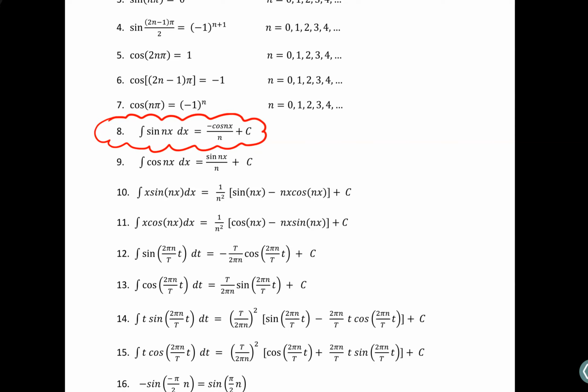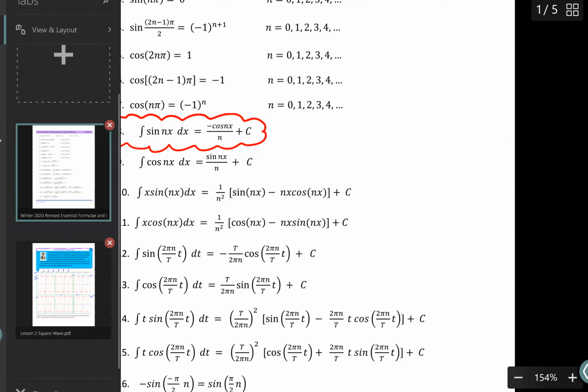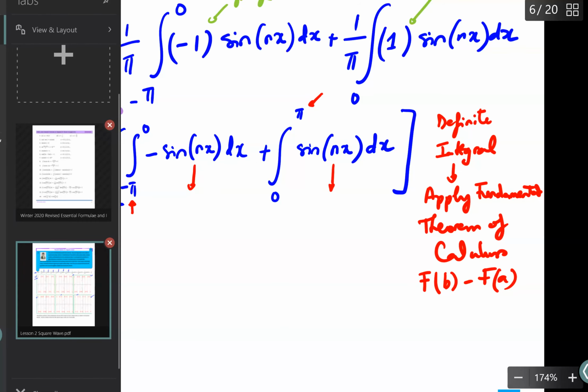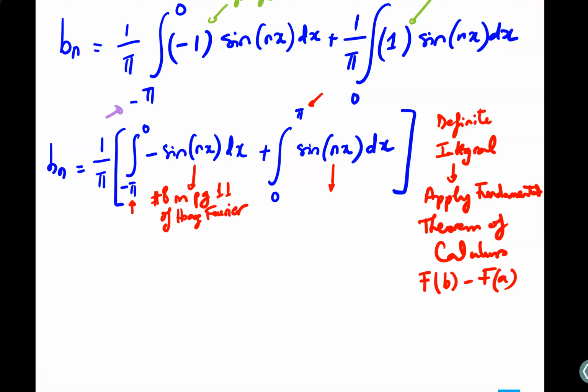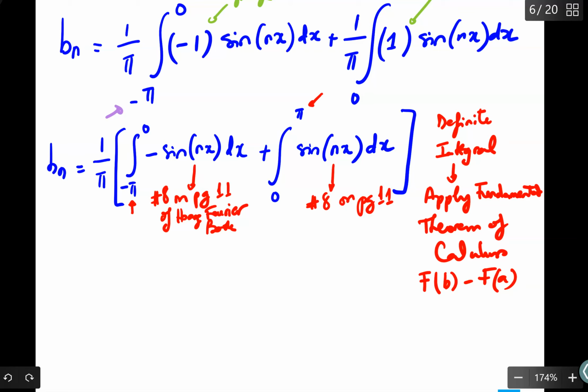So it's a shortcut, it was already here, giving me this formula to work with. So I will indicate here that I use number 8 on page 11 of the Fourier workbook.